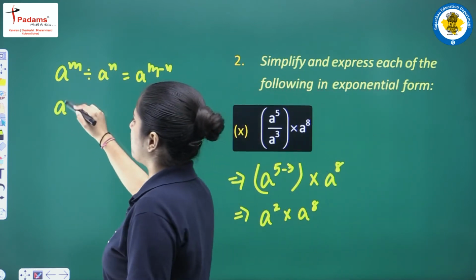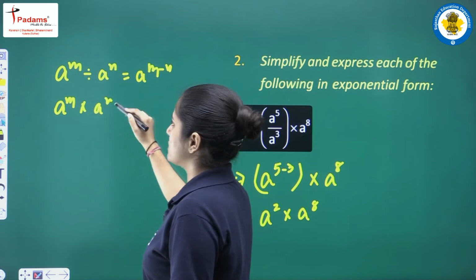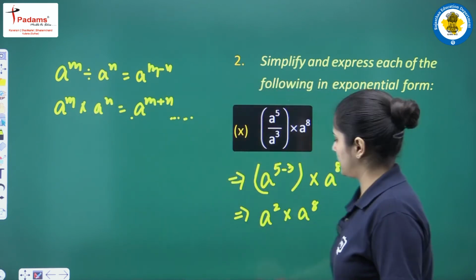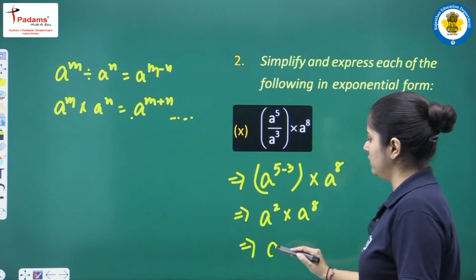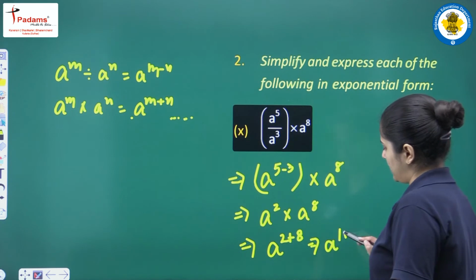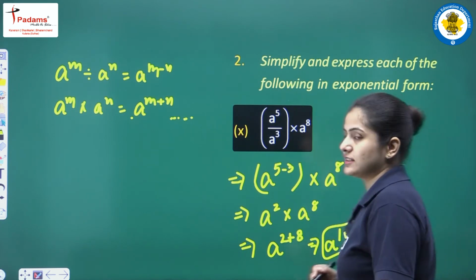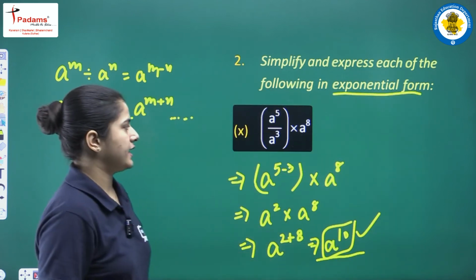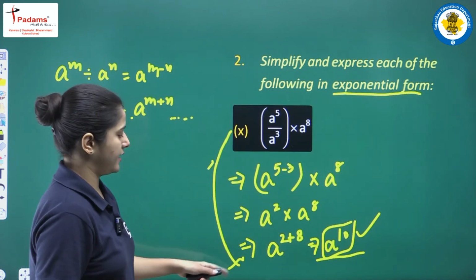Now students, when the base are same and it is multiplied, then the powers are added, that is a raised to power 2 plus 8, that is a raised to power 10. And this is our answer, that is in the exponential form, right? This is the answer, and the solution of part 10, right?